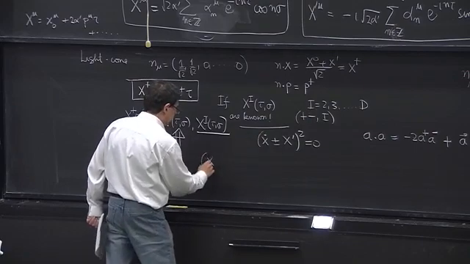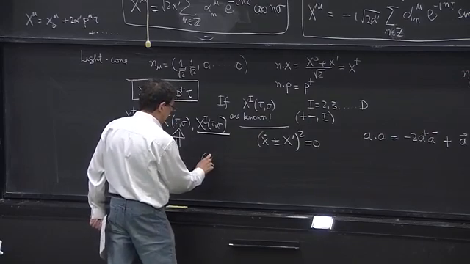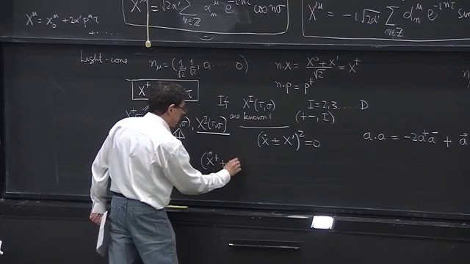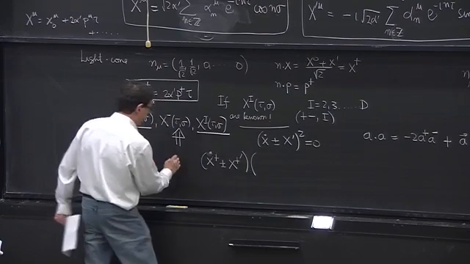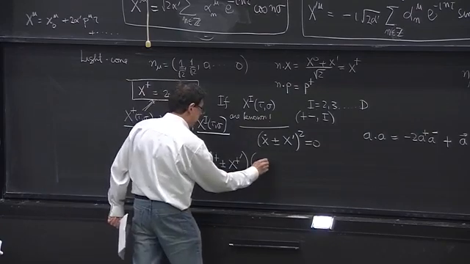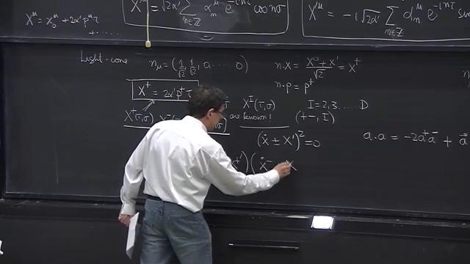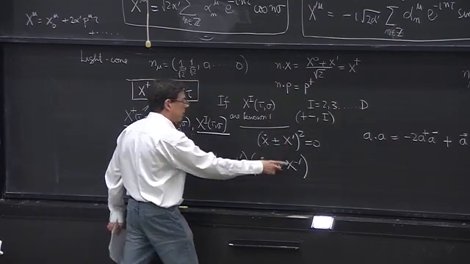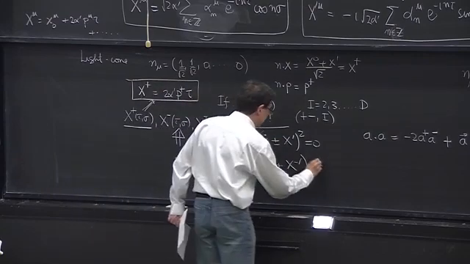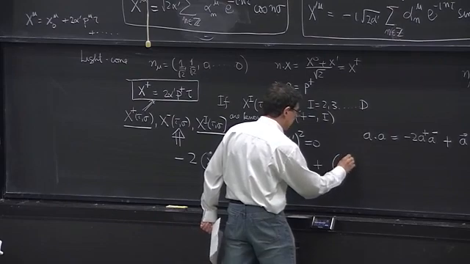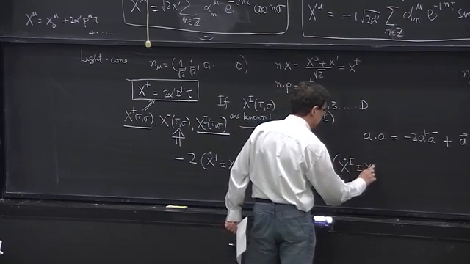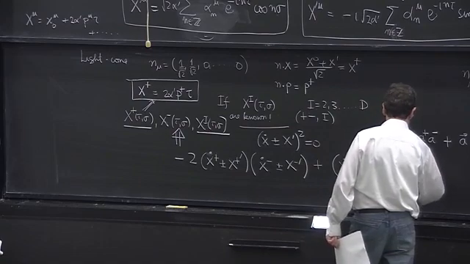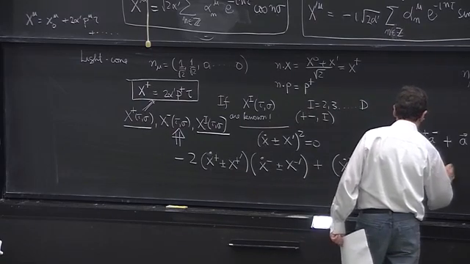This is x plus dot plus minus x plus prime times x minus dot plus minus x minus prime, times minus 2, plus the same thing but with I. So x dot I plus minus x prime I, times x dot I plus minus x prime I, equals 0.